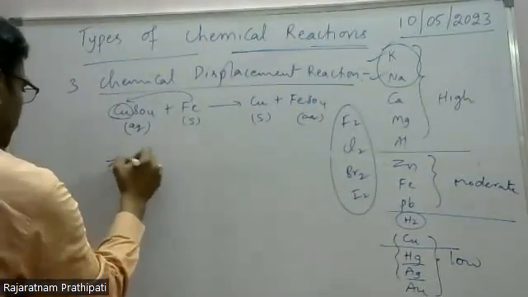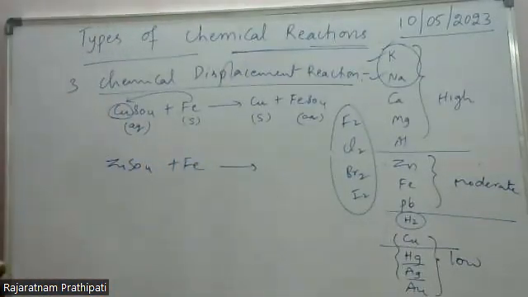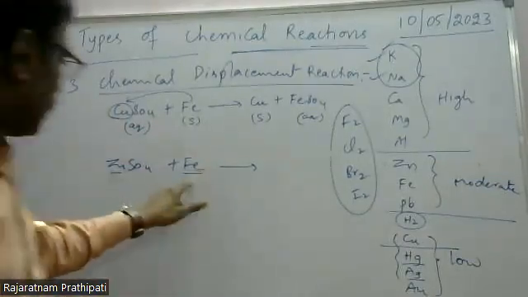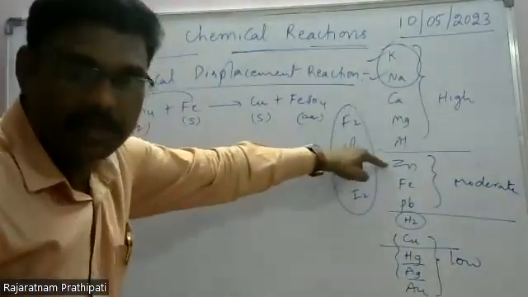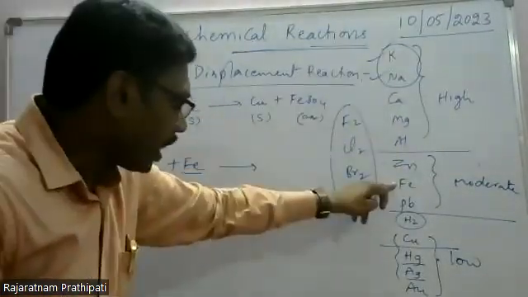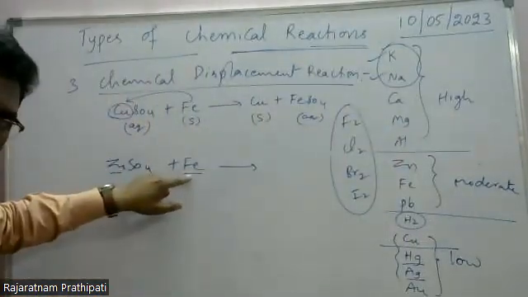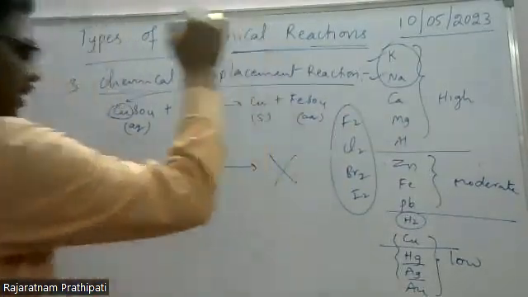Similarly, look at this: zinc sulfate plus iron. Look at the position of zinc and iron. Here the position of iron is here, and the position of zinc is here. Zinc is a top metal, iron is a bottom metal. Iron is a low reactive metal. In this case, it does not displace.